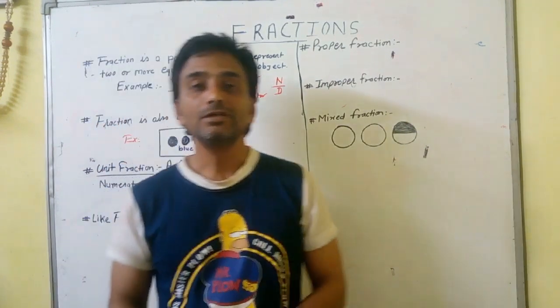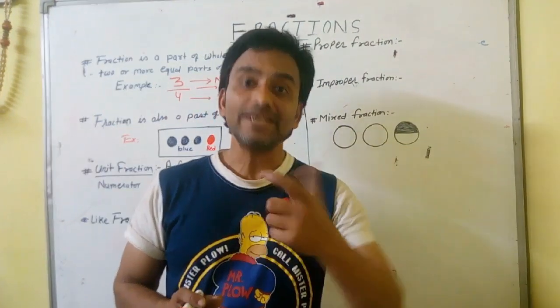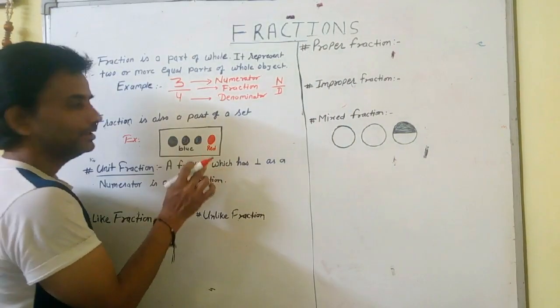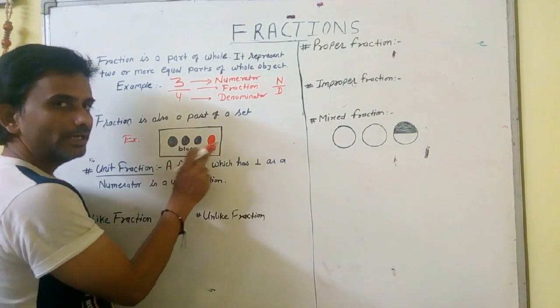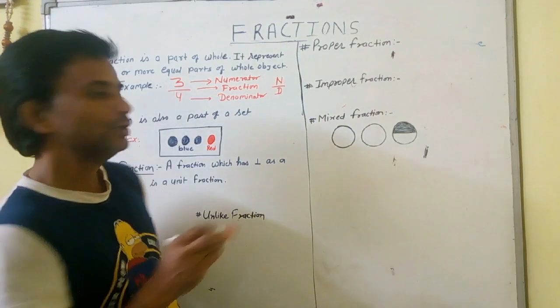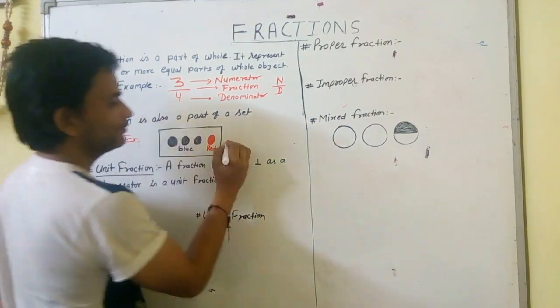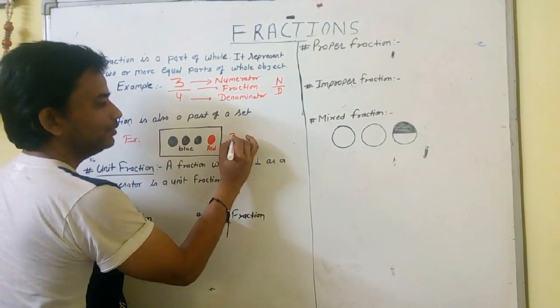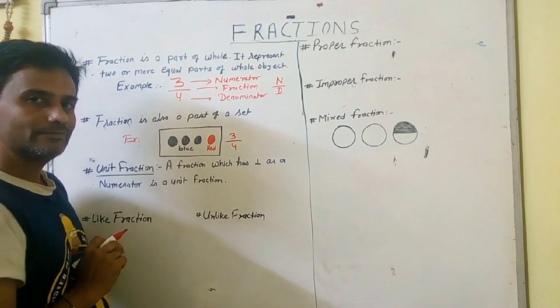Okay. A fraction is also a part of a set. Here we take an example of a set. In this set, 3 blue balls and 1 red ball. Total balls are 4 and 3 balls are blue. Then 3 by 4 is the fraction.